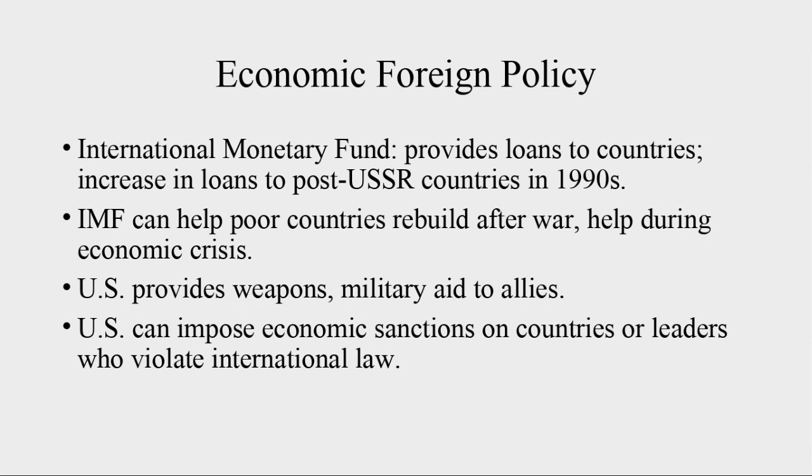So we can use economic sanctions to punish countries. We had severe sanctions on Iraq during the Saddam Hussein dictatorship period. So sometimes we can use economic policy to try and force a country to stop behaving so badly.